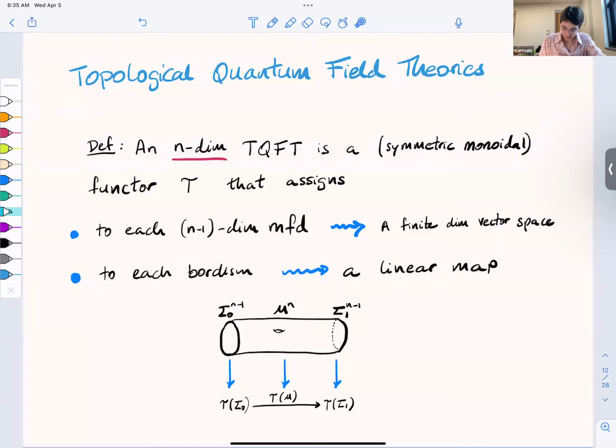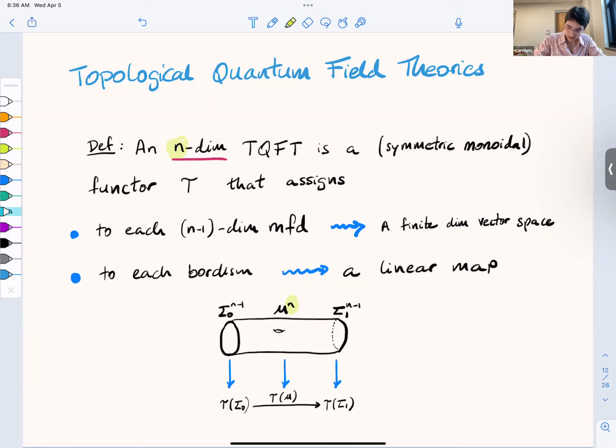And what does the functor do? The functor works a little bit like a translator from geometry. If we're looking down here in the picture, it's translating the geometry into some algebra. So how is it doing that? To each n-1 dimensional manifold, now I want to point again to the dimensions here, an n-dimensional TQFT, that n refers to the dimension of the cobordism right here. So that n is this n is this n. And then, of course, if you're taking your cobordism to be n-dimensional, your boundaries are one dimension less.